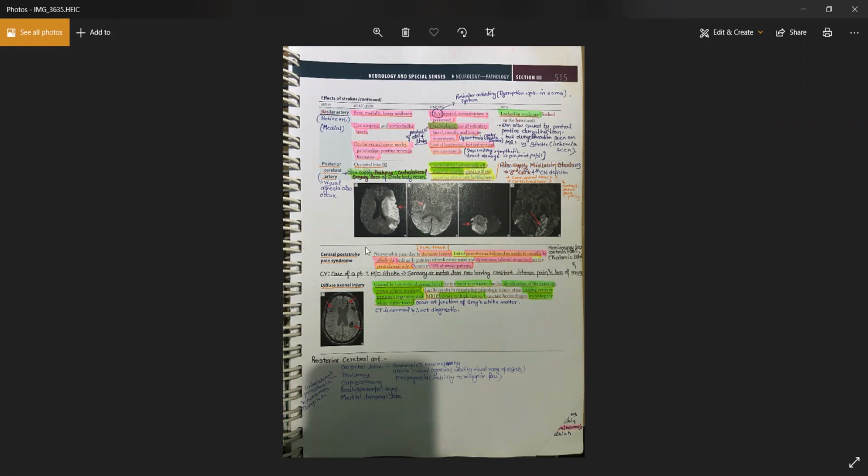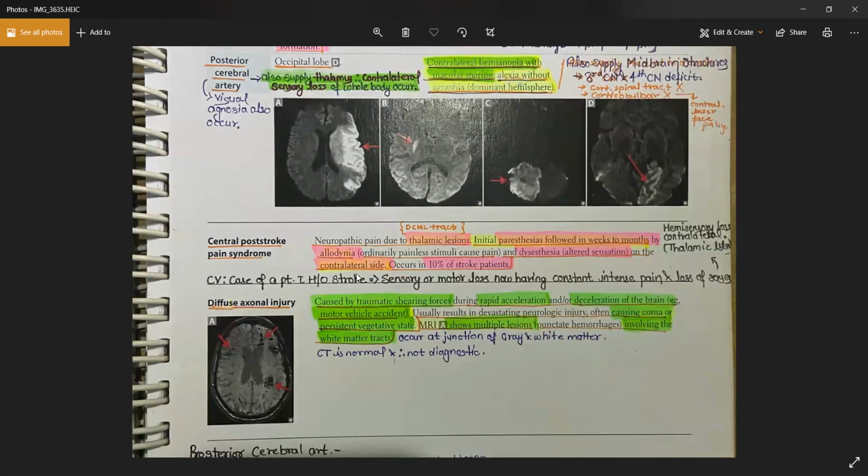Then you have central post-stroke pain, and you need to know the classical scenario of the patient. It would be a patient with a history of stroke. It could be an old age patient or a patient with any trauma history. After some time, the patient started having sensory or motor losses along with a constant intense pain and loss of senses.